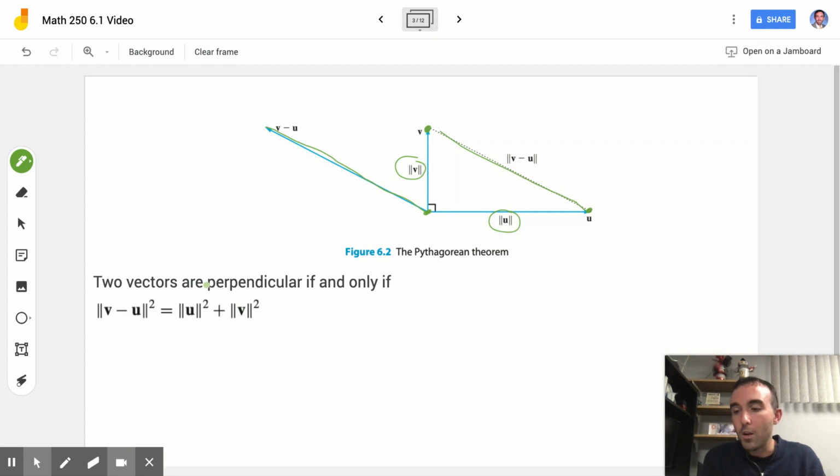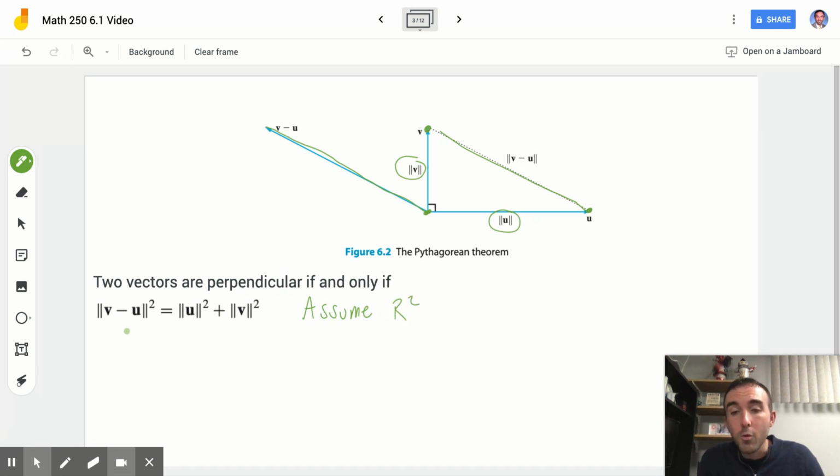So just to prove it a little bit, this comes from the fact that if we are finding the norm, we're just squaring the components inside. Since we're in a flat space here, let's assume that we're in R2.